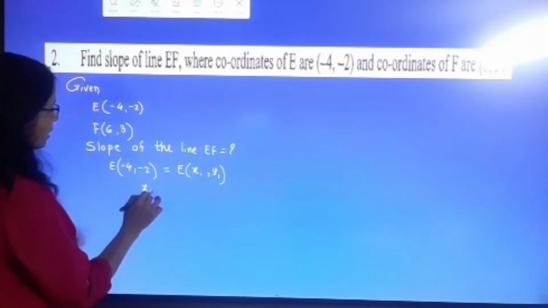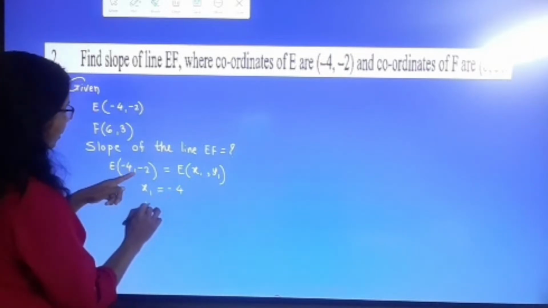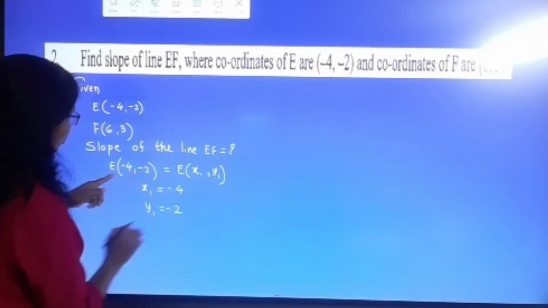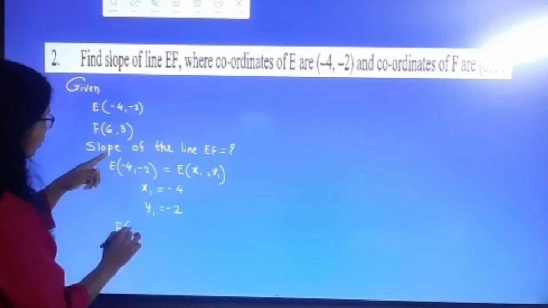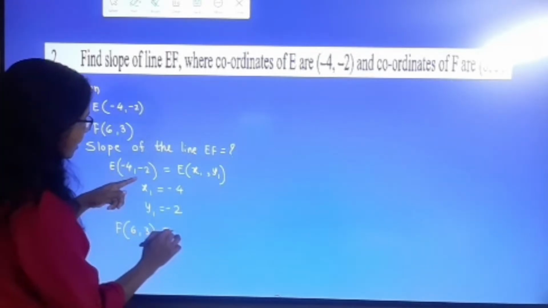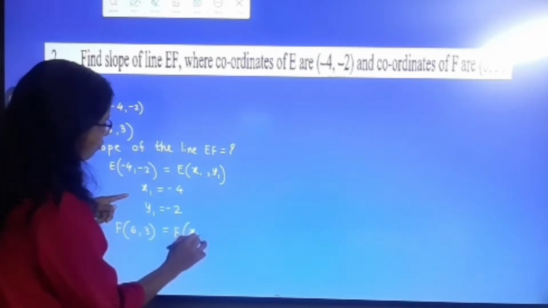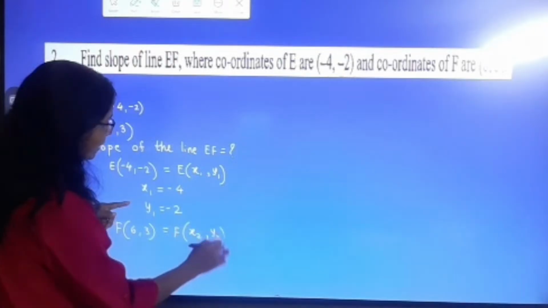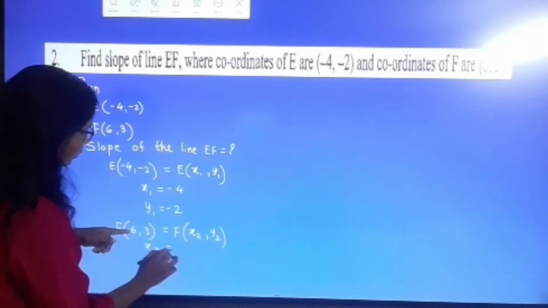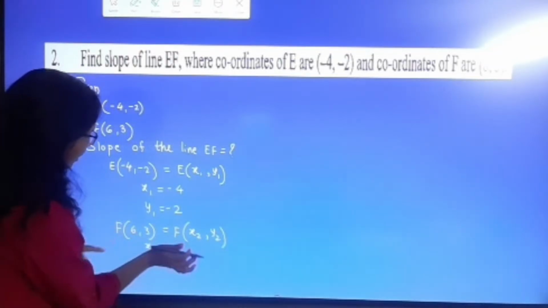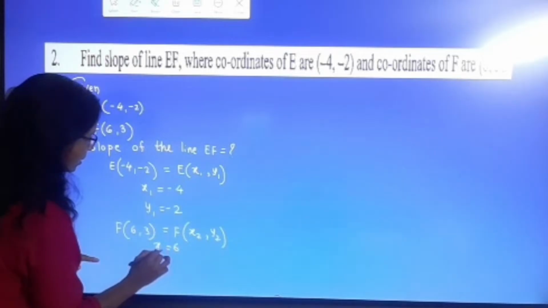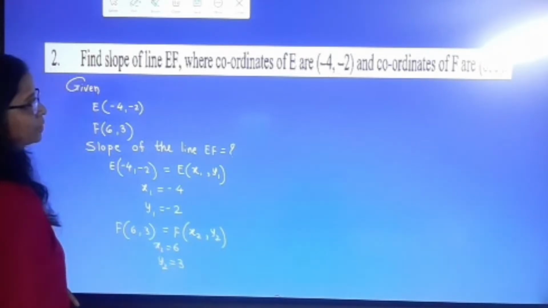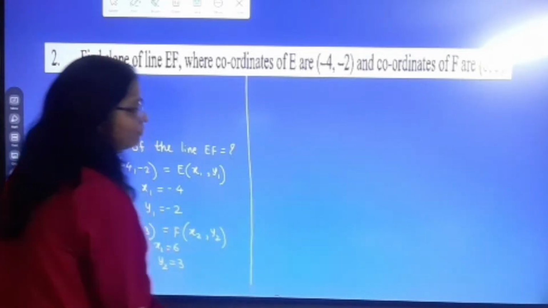So here x1 is equal to -4, y1 is equal to -2, and then the coordinates 6, 3 we consider as F, x2 y2. So x2 is equal to 6 and y2 is equal to 3, and then I write down the formula.